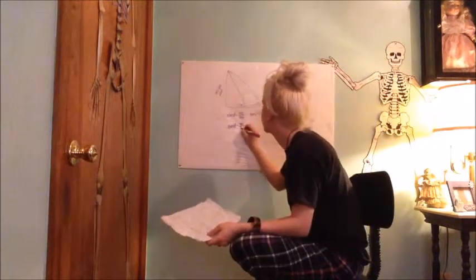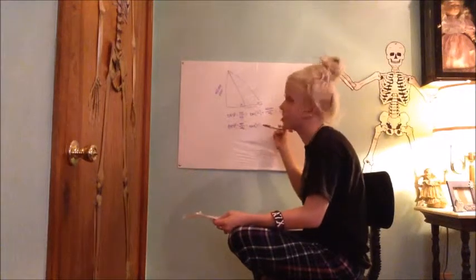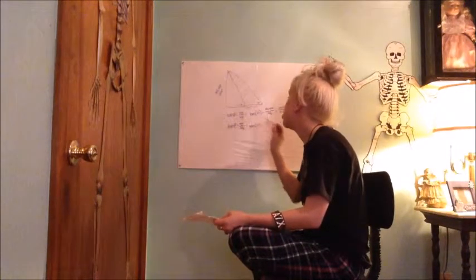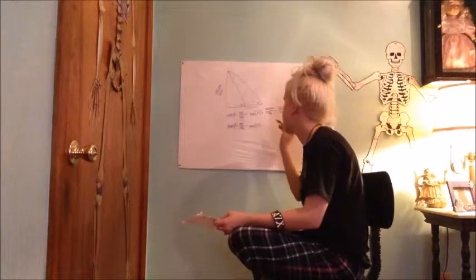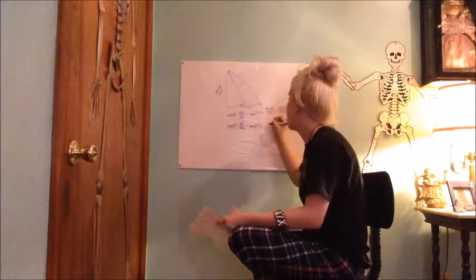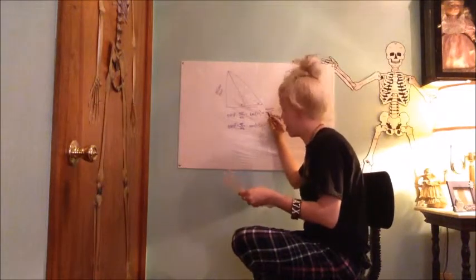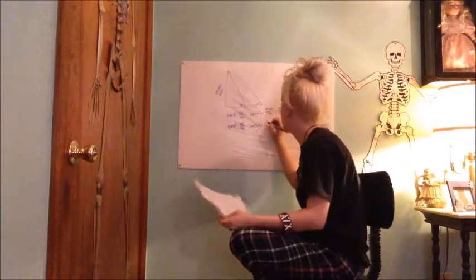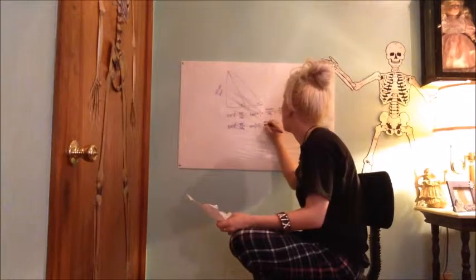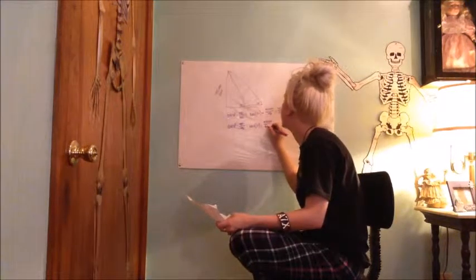So, we do the same thing we just did on top, but we do tan theta, opposite over adjacent, which is tan 72, which is our angle. Theta is also the angle. And then we also put 45,000 over ADJ.